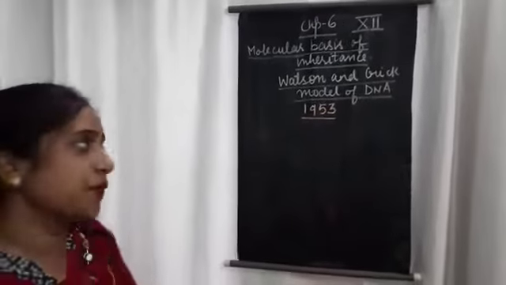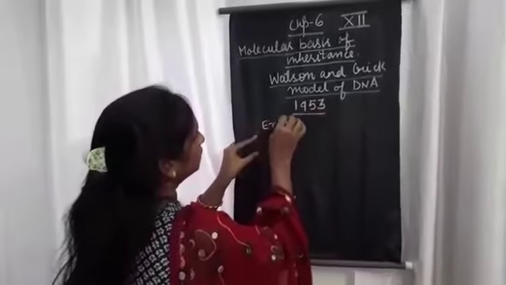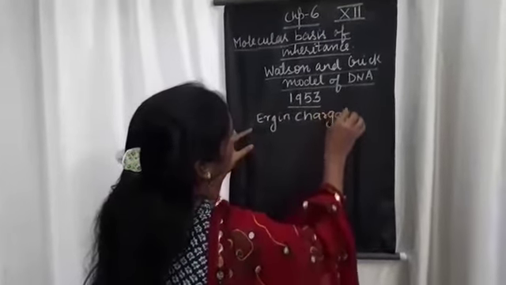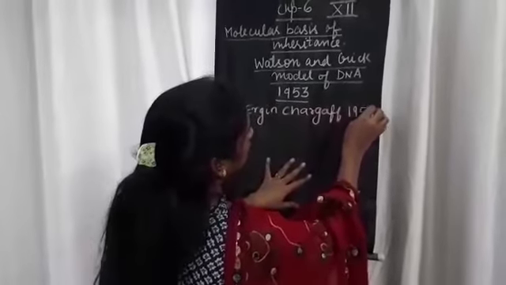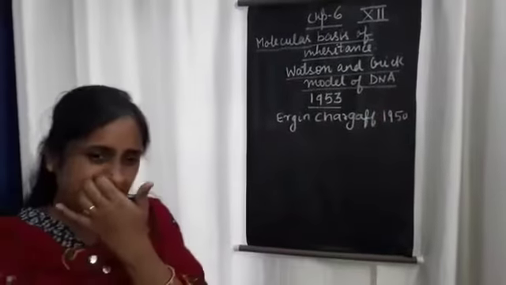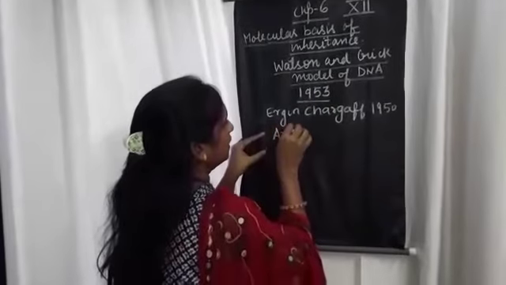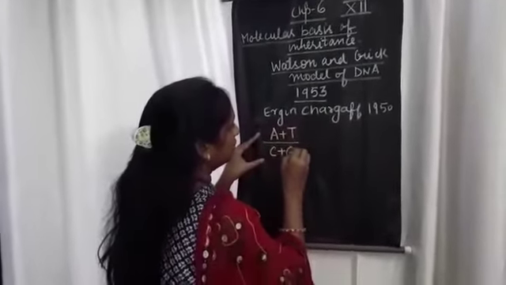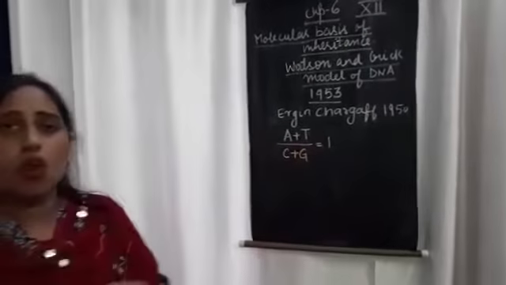One more rule was being given by Chargaff in 1950. This rule states that the ratio of adenine and thymine and cytosine and guanine will always be equal to 1.